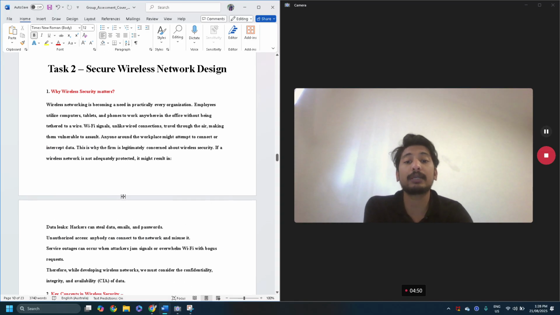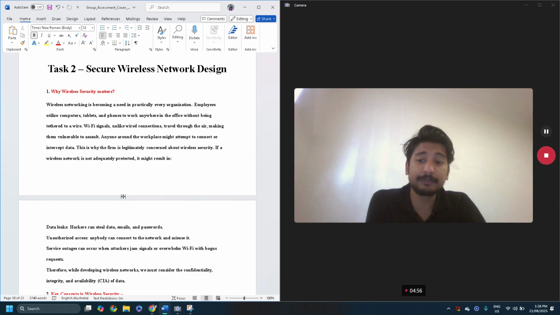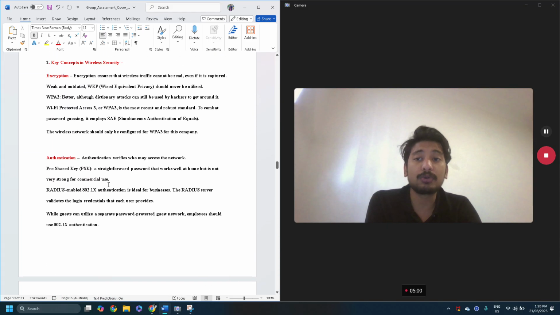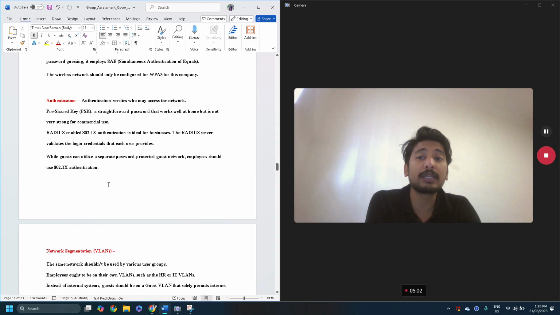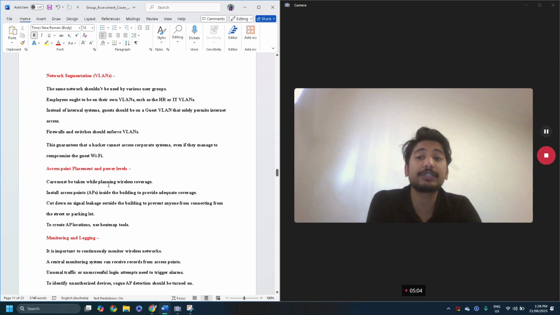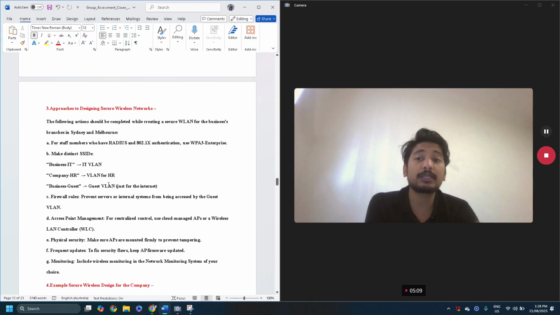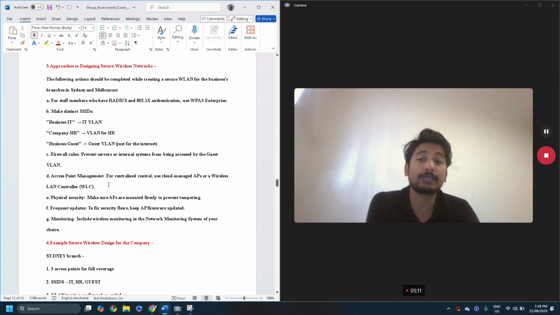Let's move to task 2, a secure wireless network. I have done it part by part: key concepts in wireless security, network segmentation, monitoring and logging, and approaches to designing secure wireless networks.